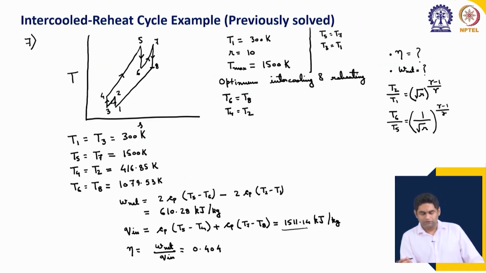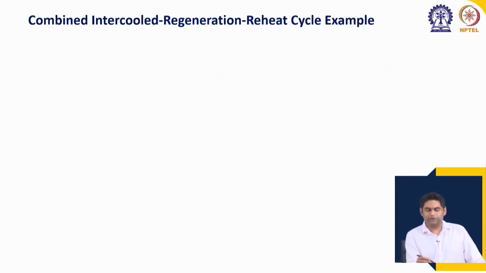Okay. So, we will finish this with an example of a combined intercooled regenerative reheat problem. A cycle problem which combines all 3, and for this we will take the same problem profile.